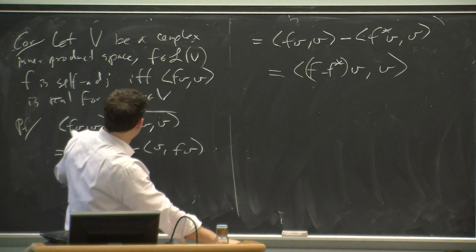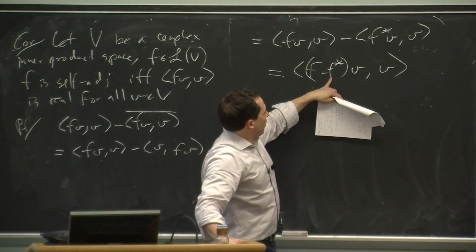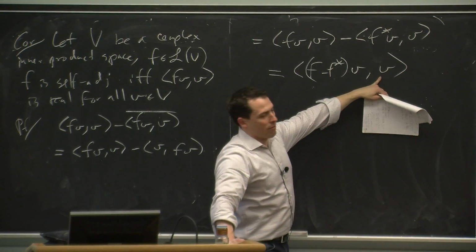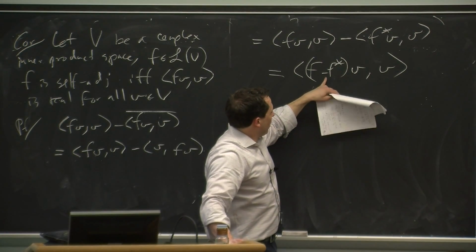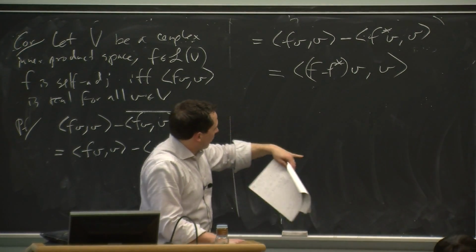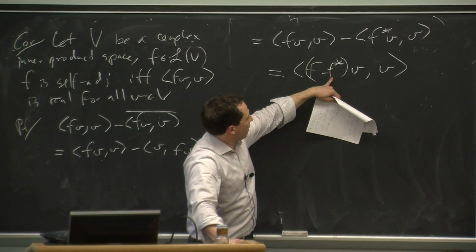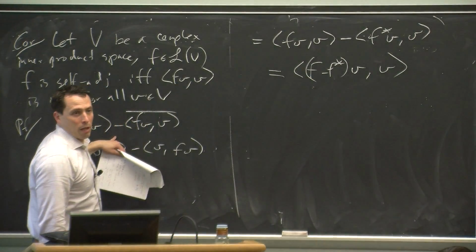And so you can see that if this is zero, so if it's real, then for this to hold for every vector V, we would need this to be zero. And conversely, if F and F* are already equal, this thing is zero, and this will always be zero, and so this inner product will always be real.